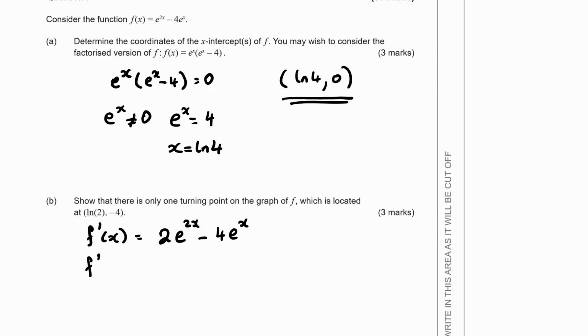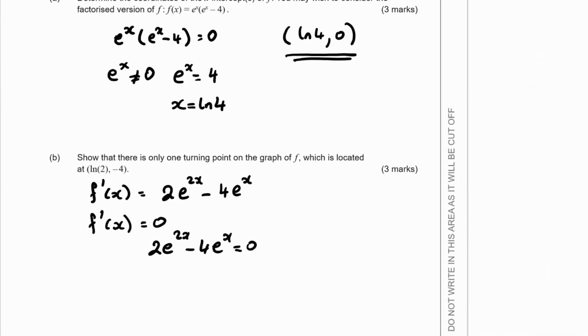And so for f dashed x to be equal to 0, we need 2e to the 2x, take away 4e to the x to be equal to 0, which means e to the 2x take away 2e to the x equals 0, which gives me e to the x take away 2 is equal to 0.